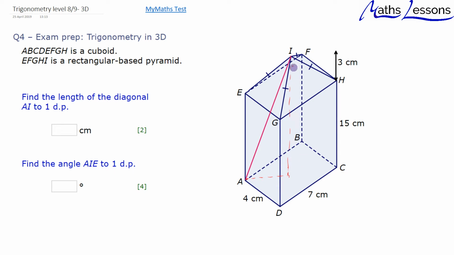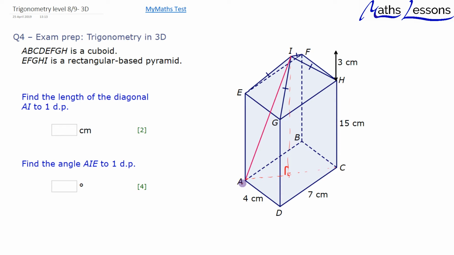Because this and this and this and this are all equal, this will create us a rectangle because this will be directly below the middle of the base, and therefore we can find out that distance by using Pythagoras on this triangle. Once we have that distance, we can then use the height, and then we can find the length of AI by using another bit of Pythagoras again.